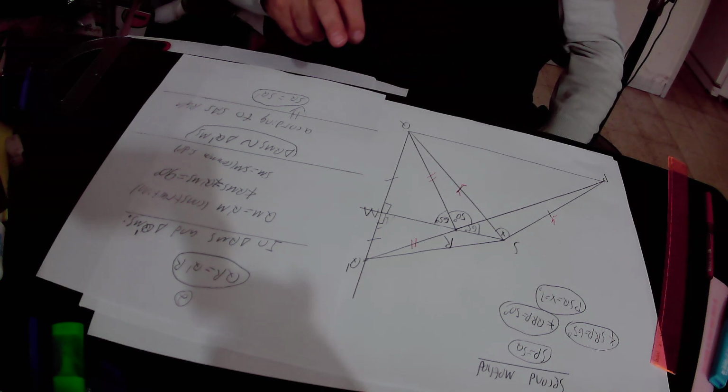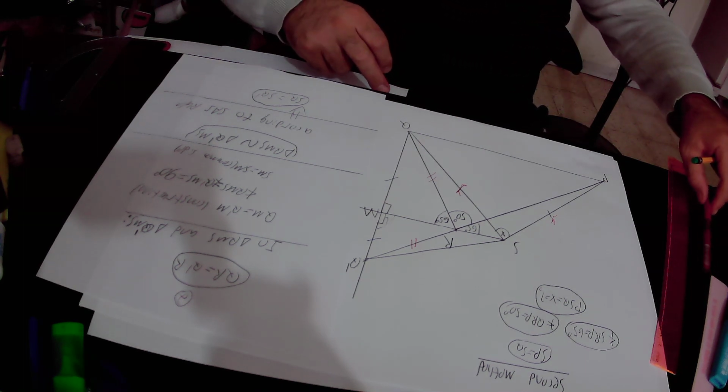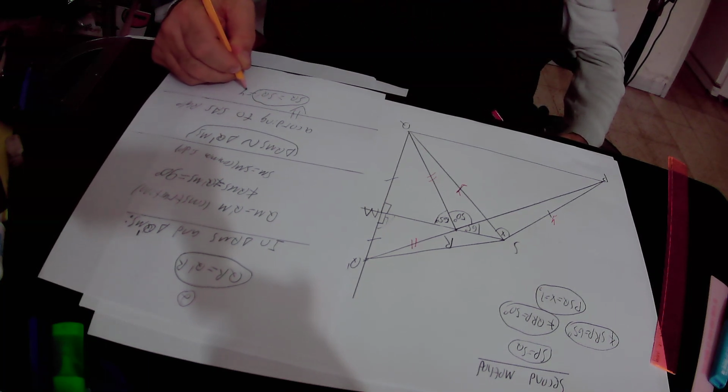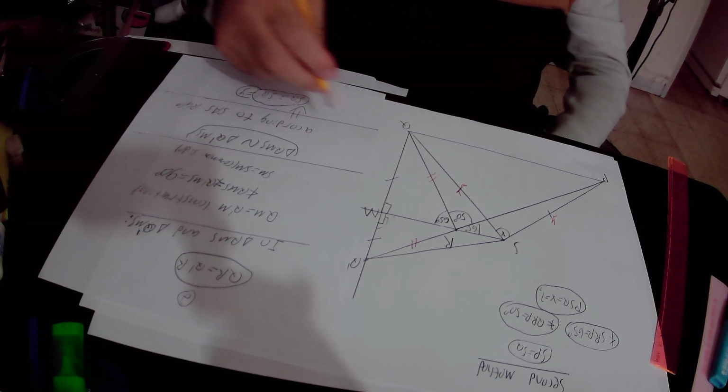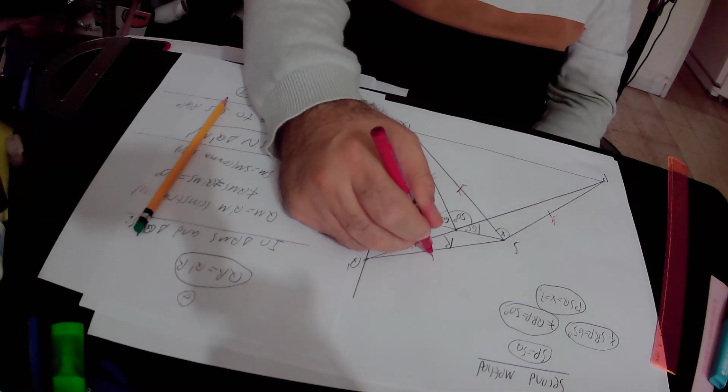SQ equals SQ dash, but we know that SQ equals Y, therefore SQ dash will also be equal to Y because those two sides are equal to each other.